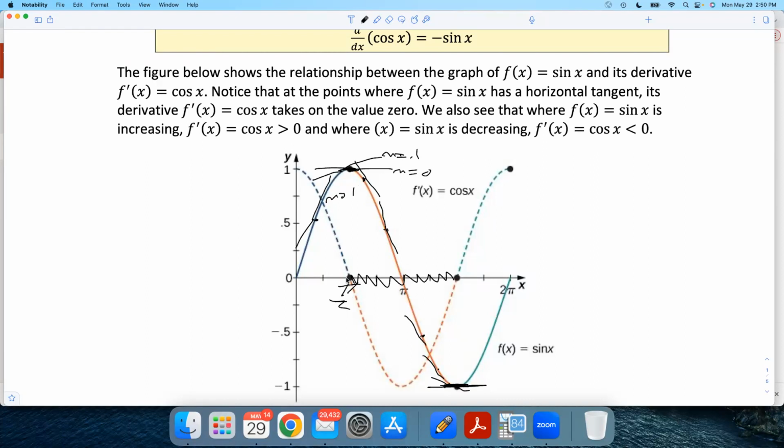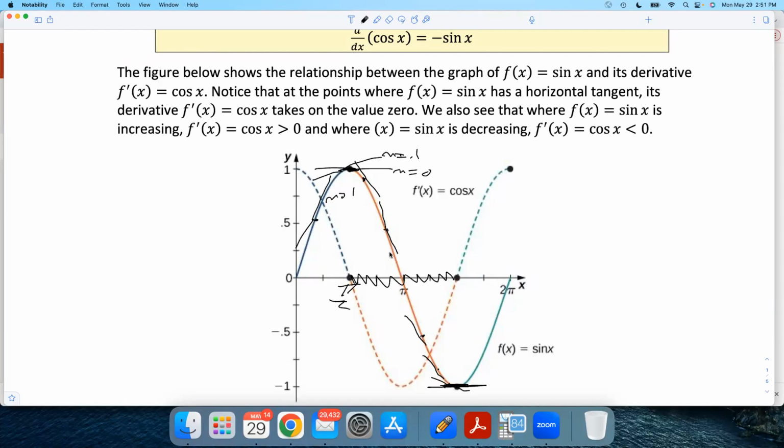Look at all these values. So getting more and more negative, getting less and less negative. And then during this region, here's my original. This is sine of x. The function's going up. Look, from left to right, I'm increasing. That means a positive derivative. Here are my derivative values.